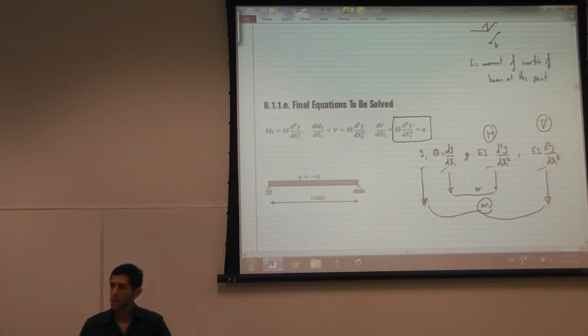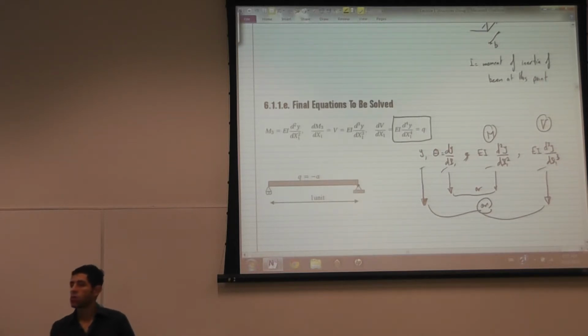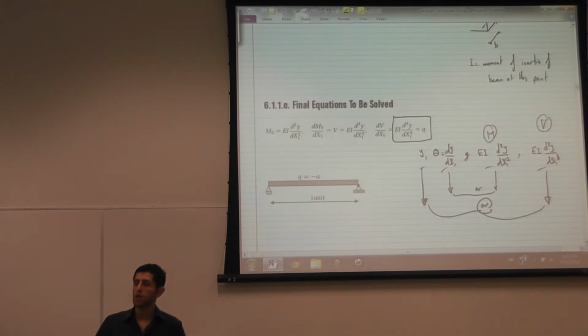Because practically speaking, you can either know the moment that's applied at a point or the rotation, or I can constrain the rotation. If I constrain the rotation, I don't know practically what the moment is. So from a practical point of view, I either know theta, which is the boundary condition for the rotation, or the moment, which is the applied moment on the beam.